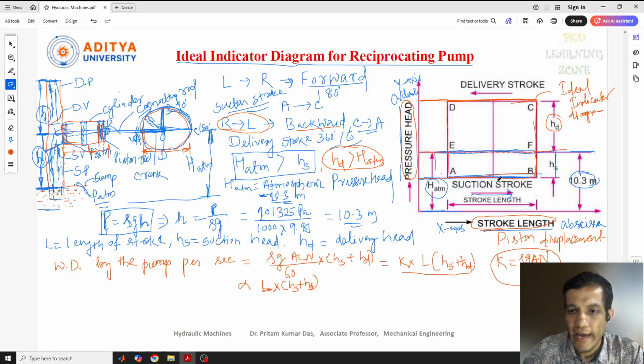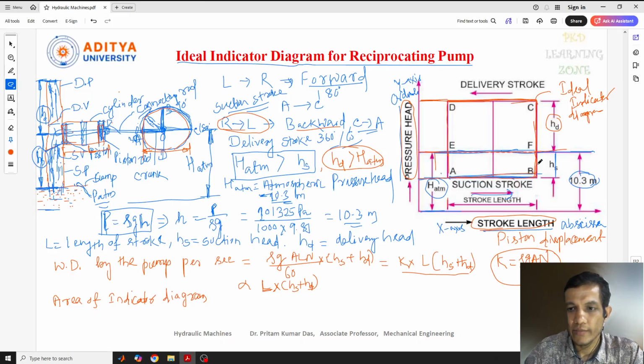Now, as we have seen the stroke length, let us look at the area of the indicator diagram. So how do we calculate the area of the indicator diagram? It is the distance covered in the suction stroke and in the delivery stroke, which we know is the L distance, and the distance from B to C point.